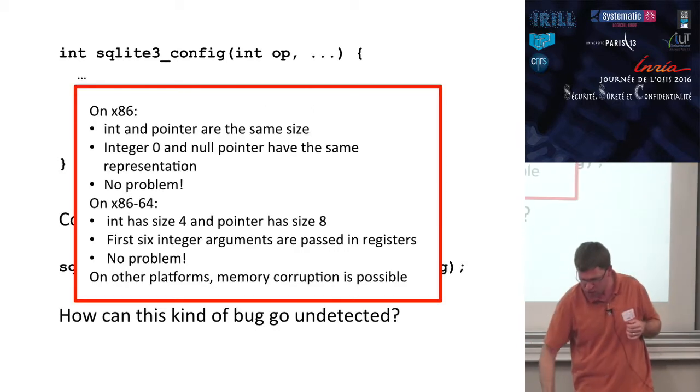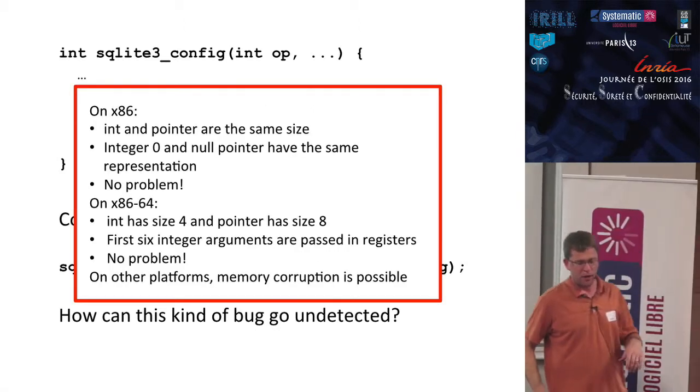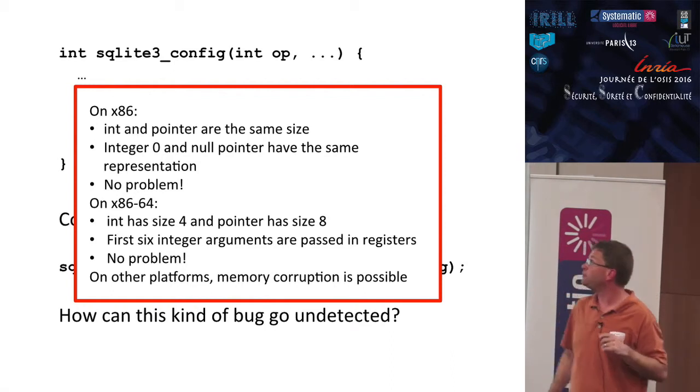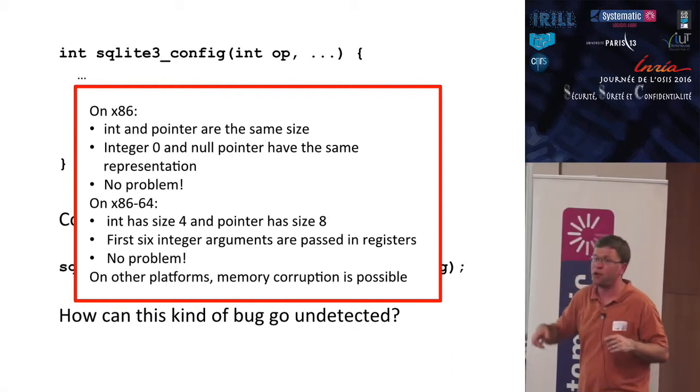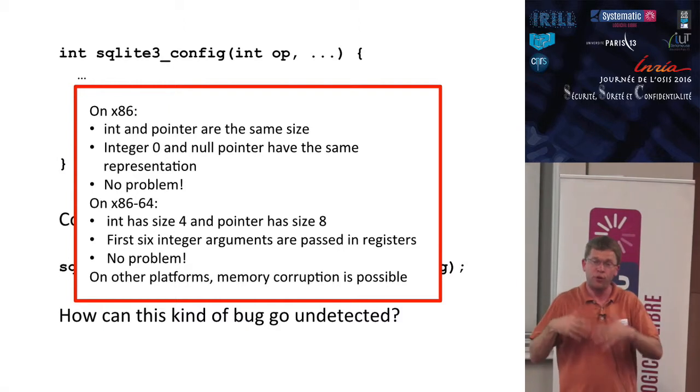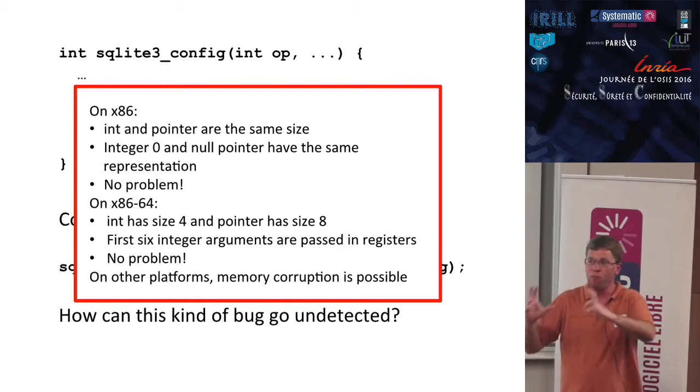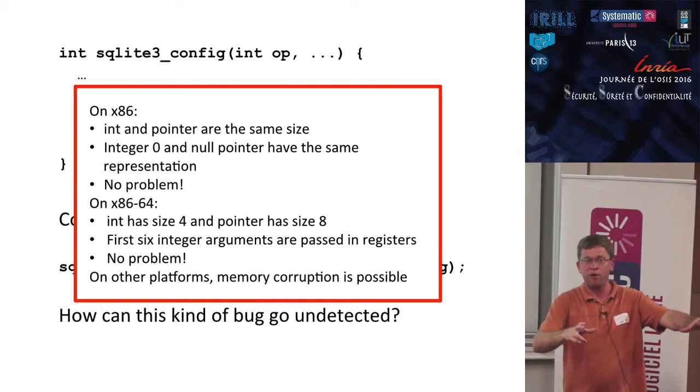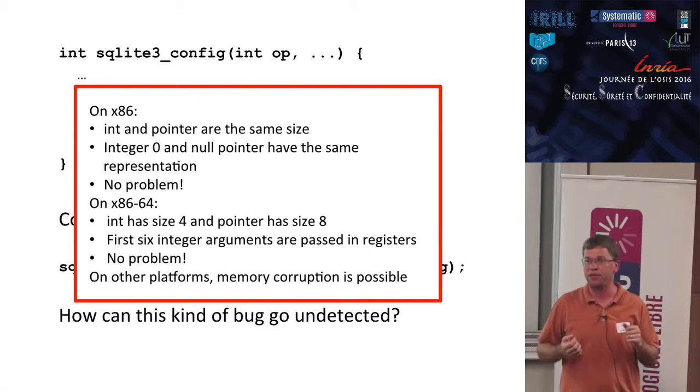It turns out that it didn't cause systems to crash for a funny reason on different platforms. On x86 or on ARM32, on a 32-bit platform, the zero integer and a null pointer have the same size and happen to have the same representation. So it happens to work.